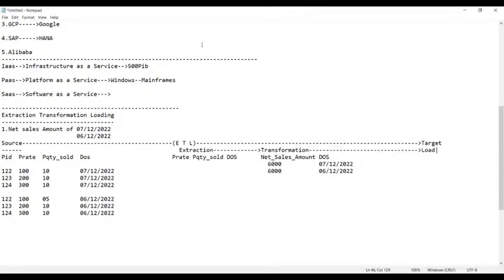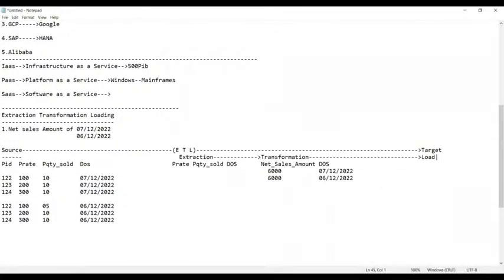To perform this process of extraction, transformation, and loading between the cloud and the on-premise system, we use ADF as a service.